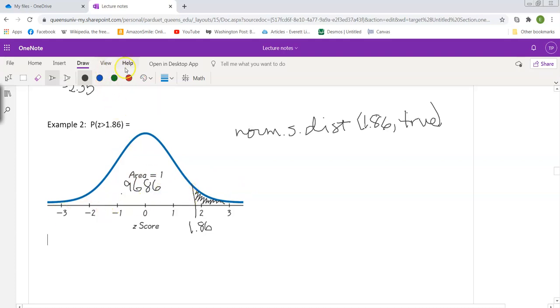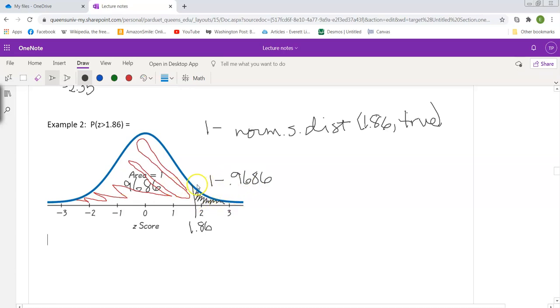This part is 0.9686. I'll sketch it in red. So that's all of this. But the whole thing together is 1. So if we want to find this shaded area, the black one, we just have to do 1 minus that. So if we do 1 minus 0.9686, that gives us the area to the right.